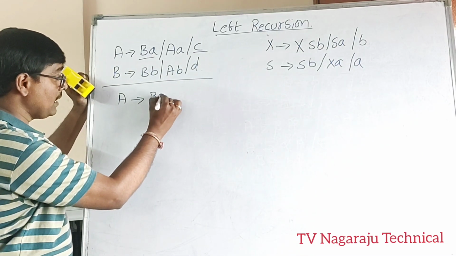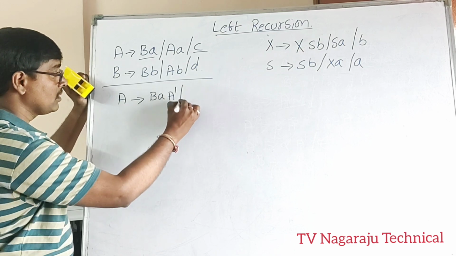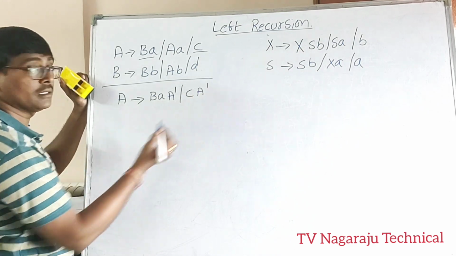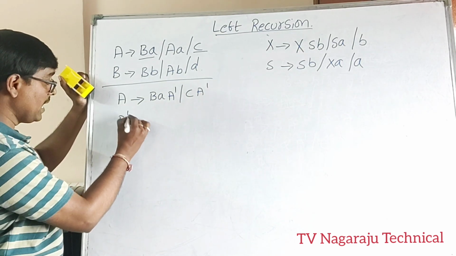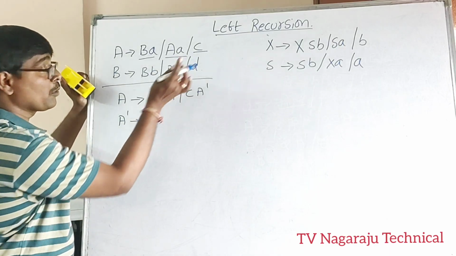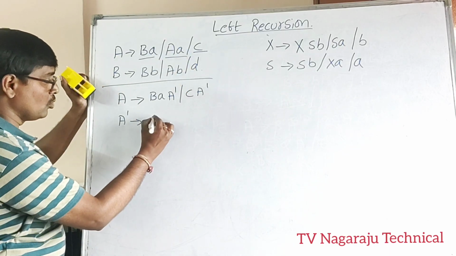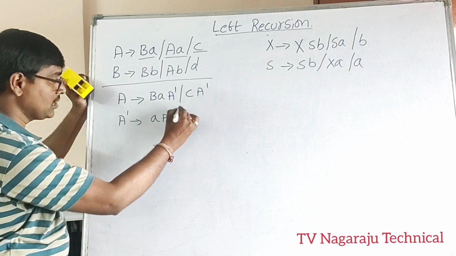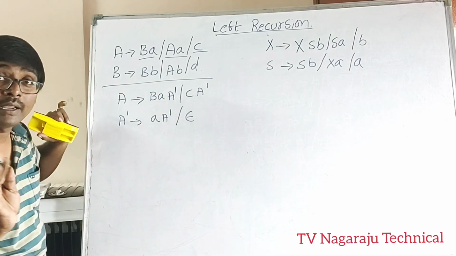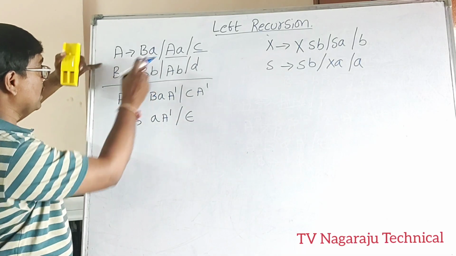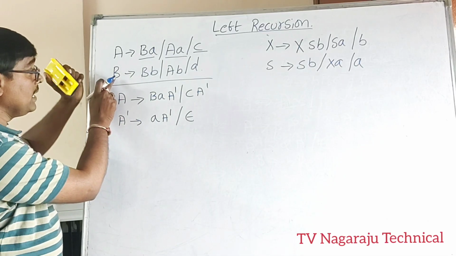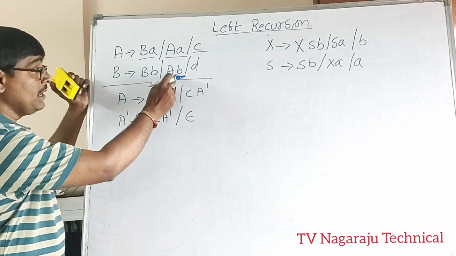So B A dash, C A dash. Now this A dash tends to the production that starts with A. Simply make it right recursive, that is A dash slash epsilon. Clear? So everyone okay.